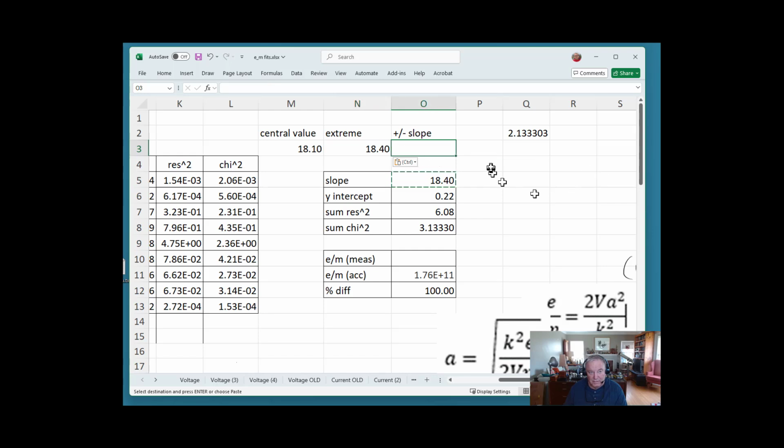Then to get the plus minus, we say equals the absolute value of, oh, I didn't put an equal sign there, did I? Equals the absolute value of the extreme, it doesn't matter what order you put them in, minus the central value, the best fit value. And there's my plus minus on my slope.